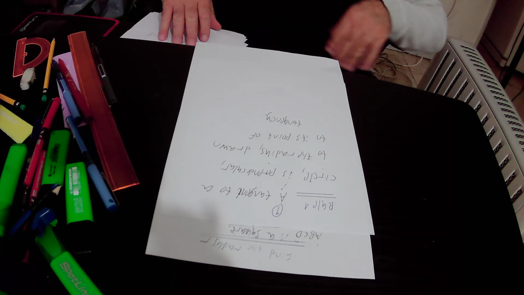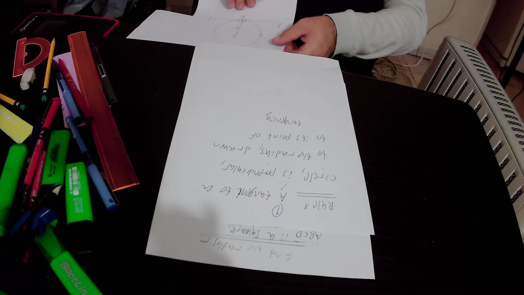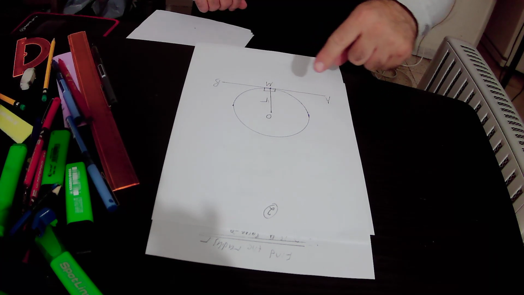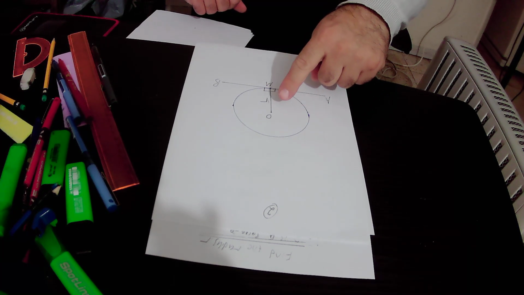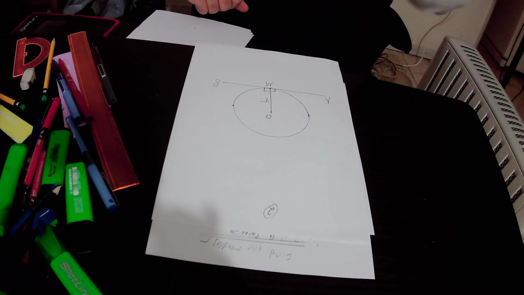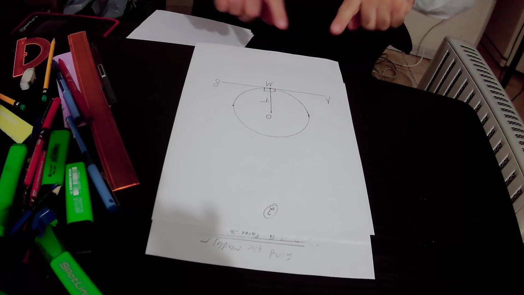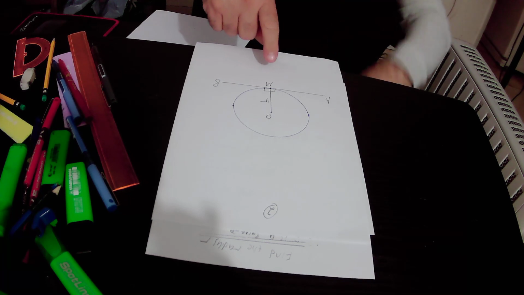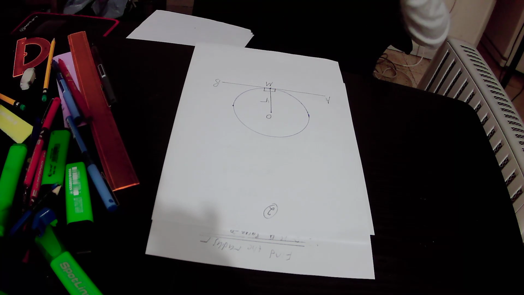The meaning of rule number one is that if we have this circle, and we know that the center of this circle is at point O, and we have tangent AB that is tangent to this circle at point M, so point M is the point of tangency.